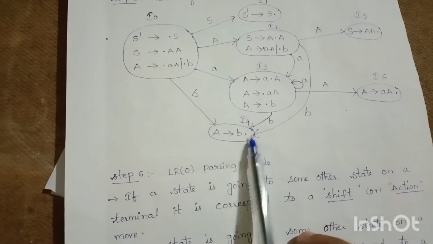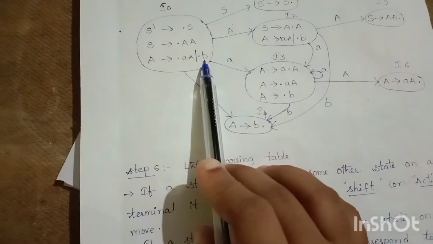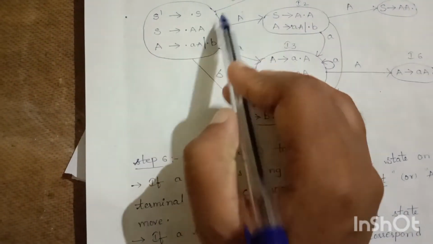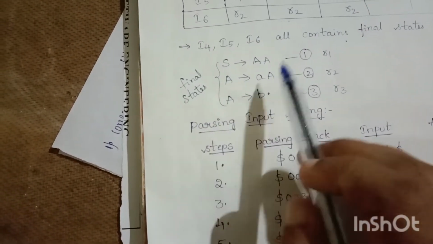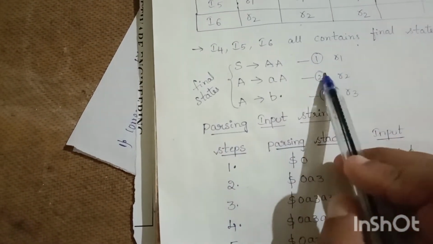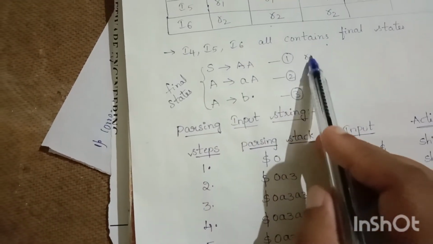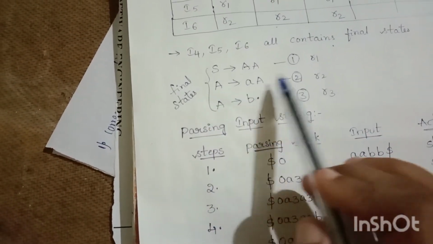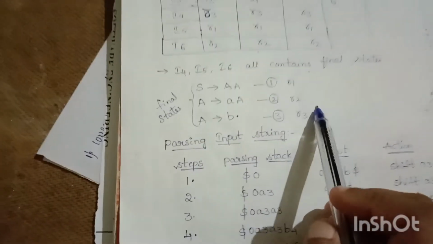Before doing the reduce, we need to consider the input productions and assign numbers to them. Here, S tends to AA, A tends to AA, A tends to B is our given grammar. For this, assign numbers 1, 2, 3. So S tends to AA is called reduce 1, A tends to AA is called reduce 2, A tends to B is called reduce 3, R3.